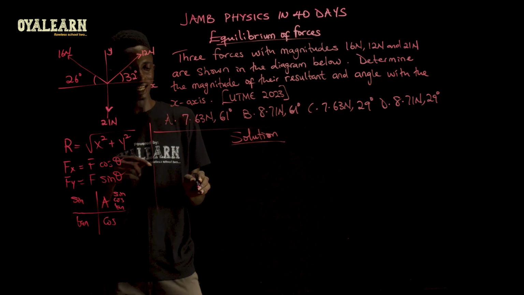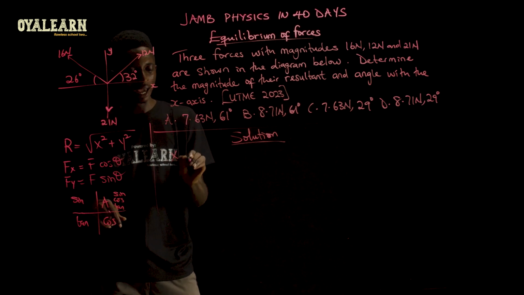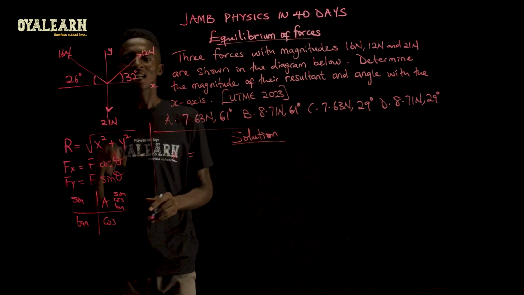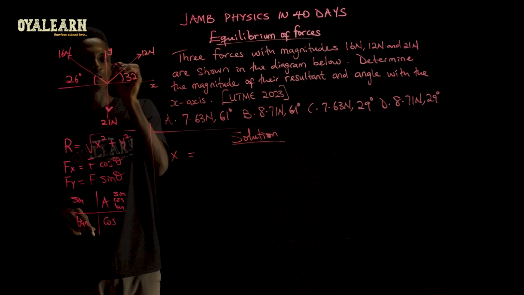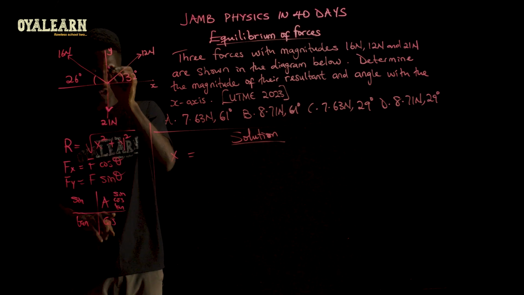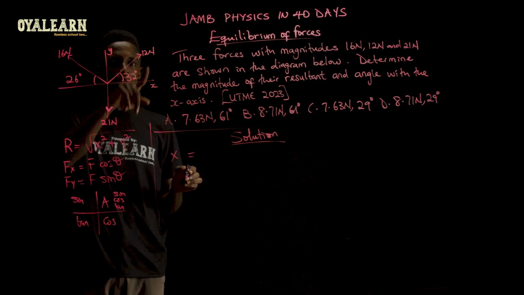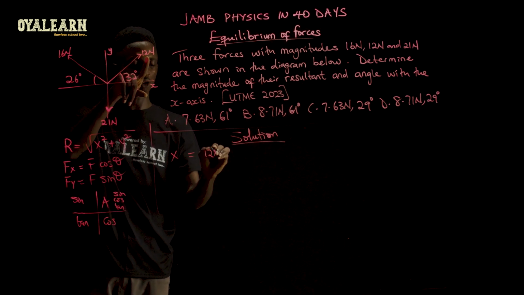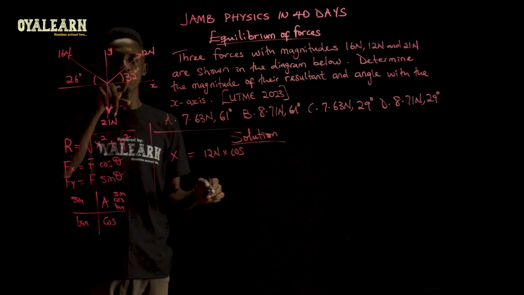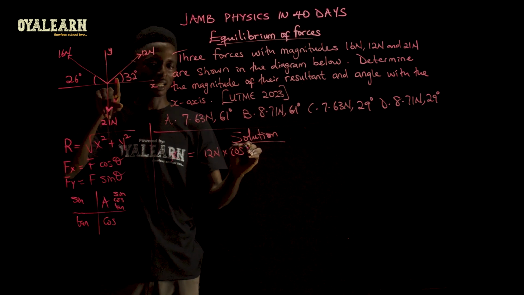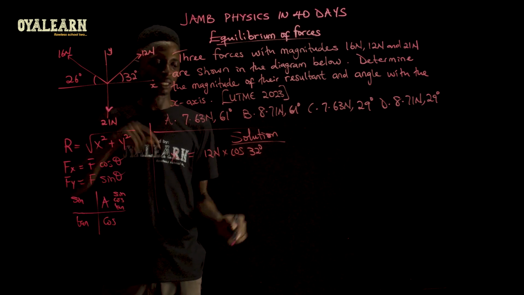First, let's find the x component. So x will then be, starting with this. Now, this is between 0 to 90, so that's the first quadrant, and all of them are positive. So positive this, that's 12 newtons multiplied by cos, the angle with the x-axis is 32 degrees.